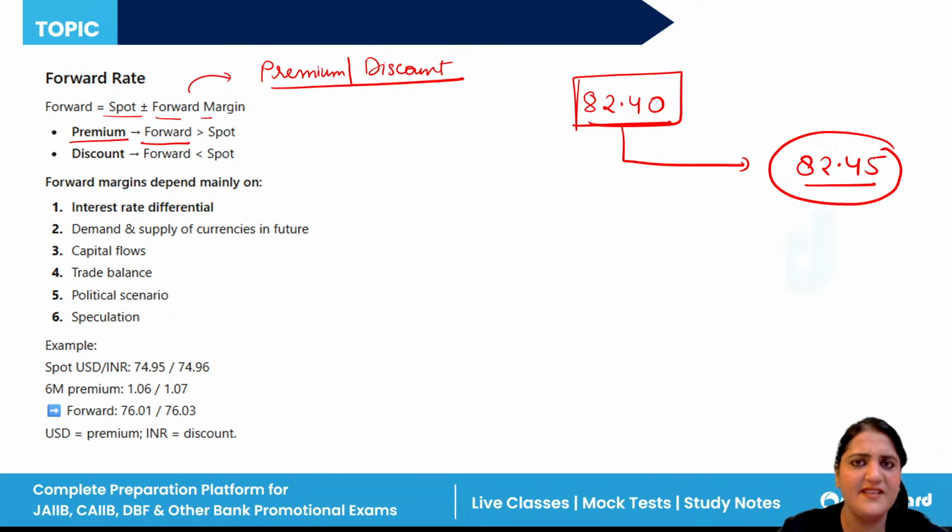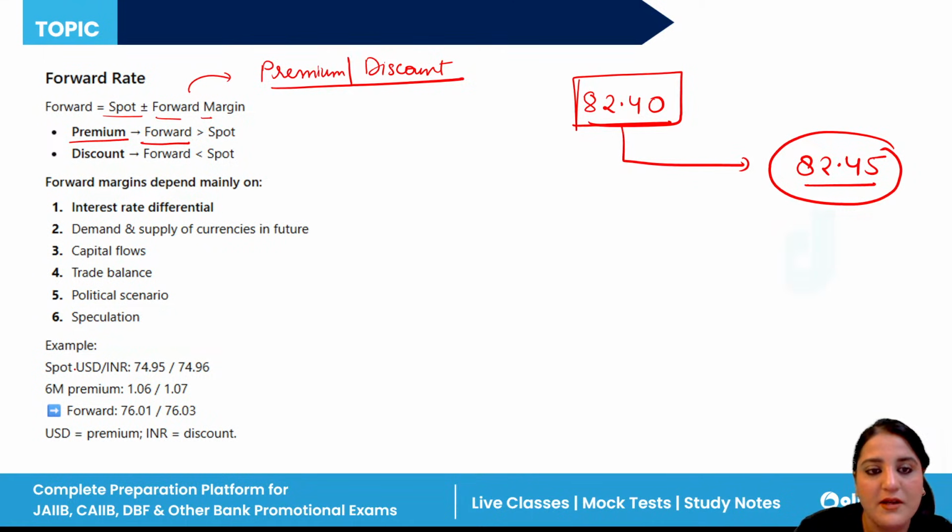But if forward is less than spot, that is the discount. Right? So basically the forward margins depend mainly on the interest rate differential, the demand and supply of currencies in the future, capital flows, trade balance, your political scenario and speculation.